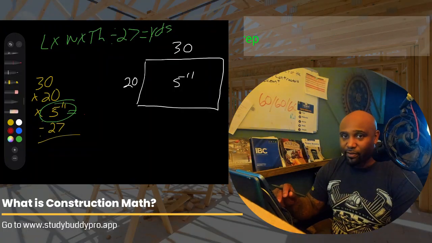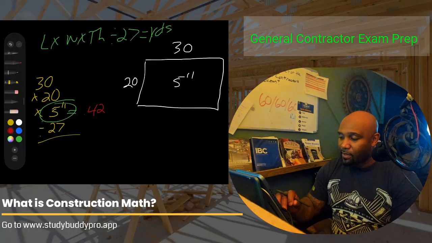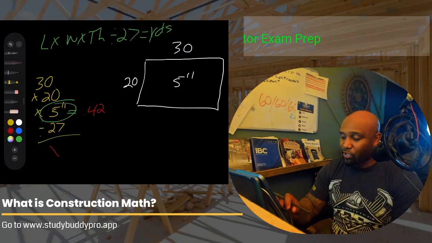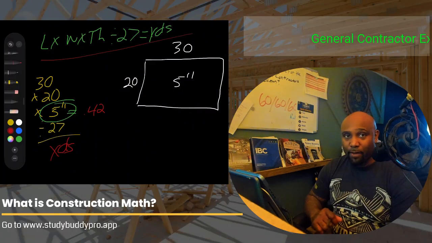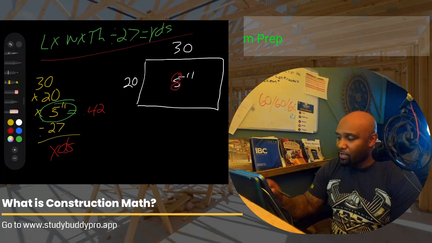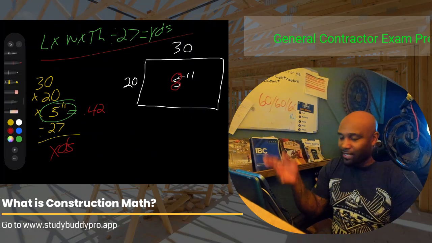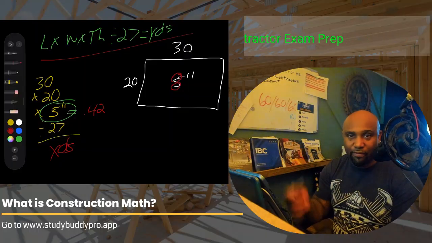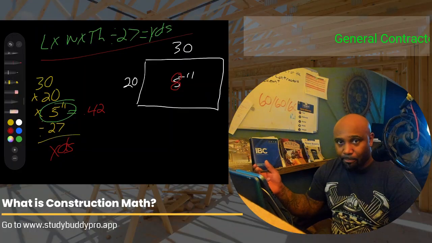So what's 5? 0.42. That's how we'll get the total yards, and that's simply our math formula right there. So if this changes to 8 inches or 9 inches, you can easily go in your head: 3, 6, 9, 25, 50, 75, plus 8 minus 8, boom, and you'll get it just like that.